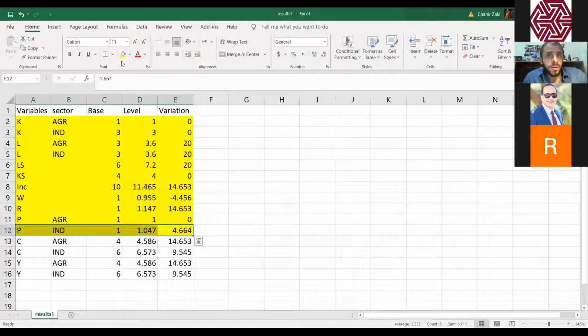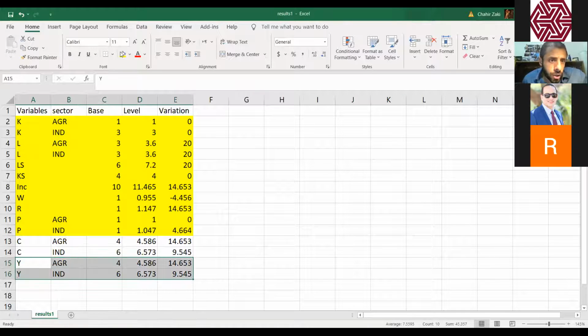Okay. So if we move to this, as Sharafuddin said, we move to the production side. We can see that production of agriculture increased more than the production of industry. And clearly this is due to the fact that agriculture is more labor intensive, and if it's more labor intensive, then it will be able to produce more than the increase in the production of industry.